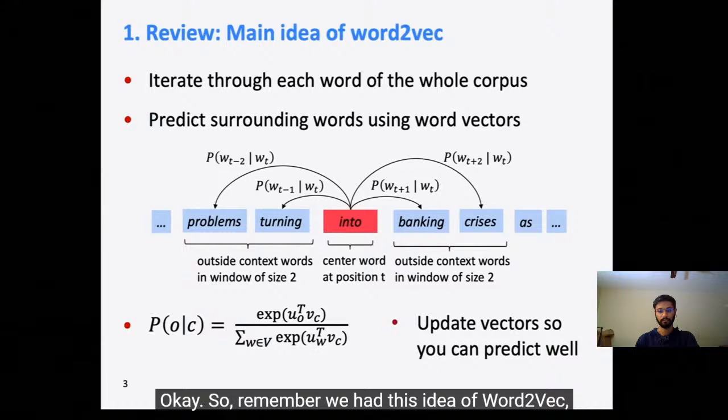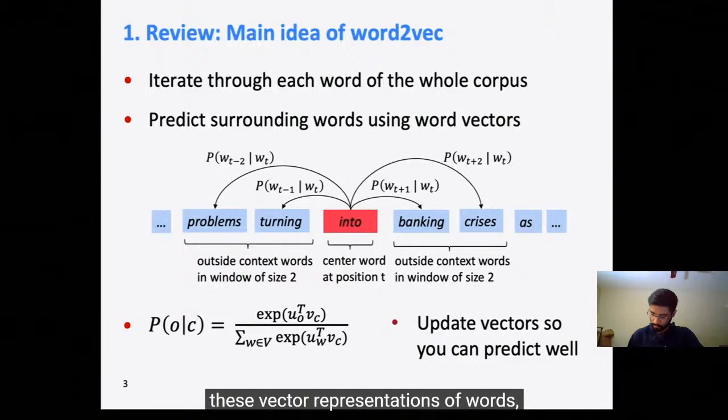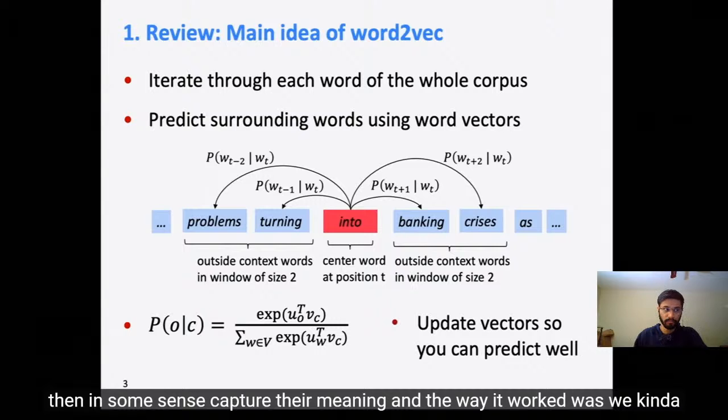Okay, so remember we had this idea of word2vec, an iterative updating algorithm that learned these vector representations of words that in some sense capture their meaning.